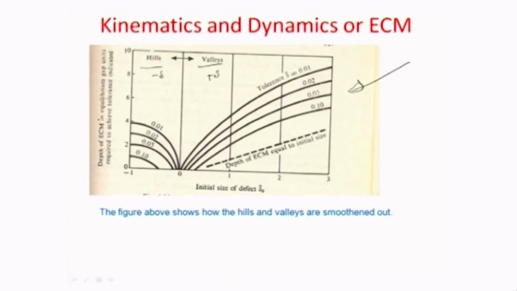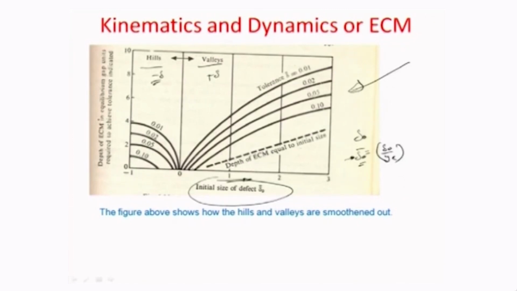And you can see that if the initial defect size is given on the x scale here, this corresponds to some delta 0, okay, and delta 0 dash of course is what? It is delta 0 per unit equilibrium gap, that is the roughness ratio, okay. So you are starting with this particular delta 0 value, as you can see here, and the delta 0 can be either a minus delta 0 if it is a hill, or a plus delta 0 if it is a valley.